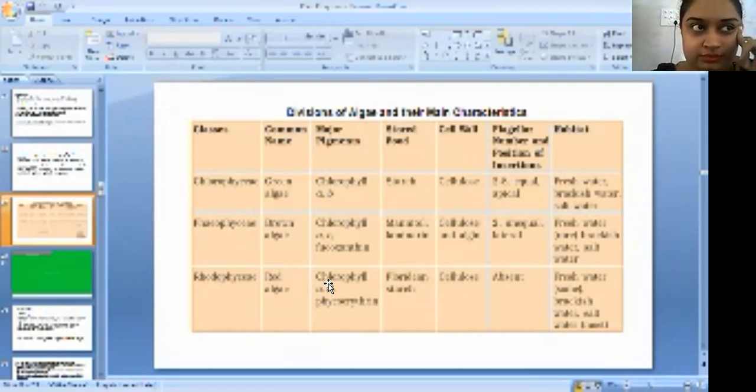Floridean starch. Yes, very good. Now cell wall. Chlorophyceae की cell wall कैसी है? What is it consisting of? Inner layer of cellulose and outer layer of pectose. Yes. Okay. Then Rhodophyceae की cell wall कैसी है? What is it consisting of?